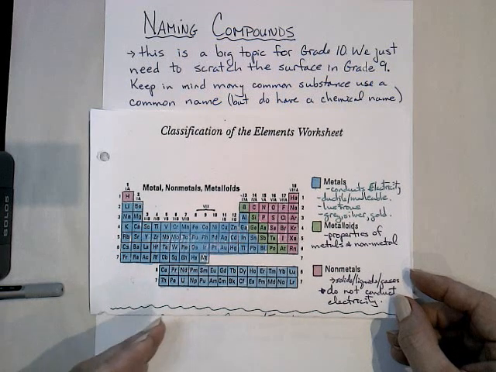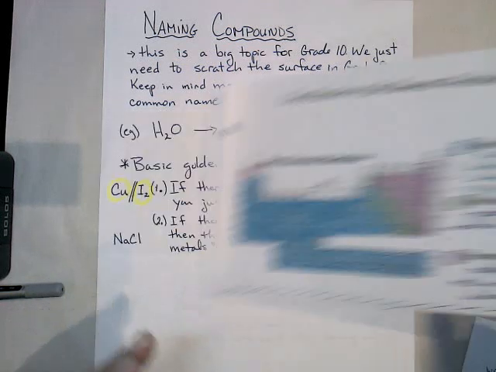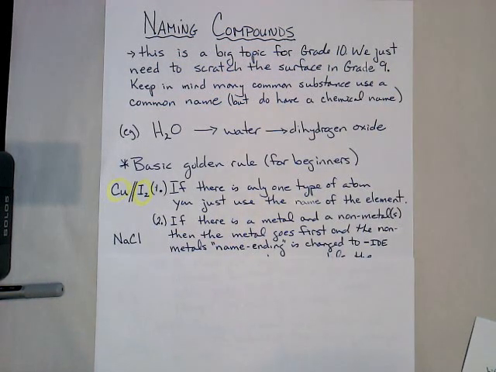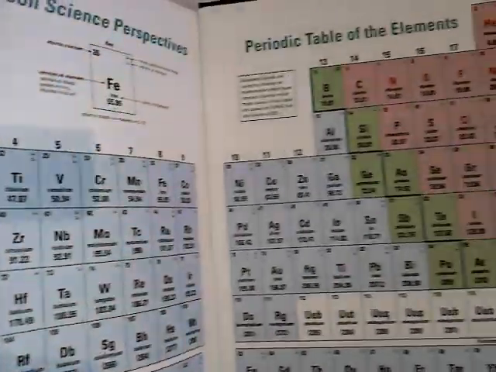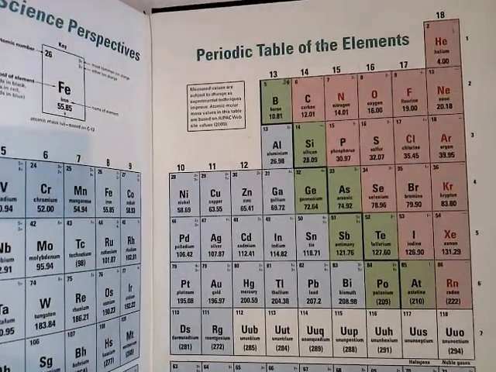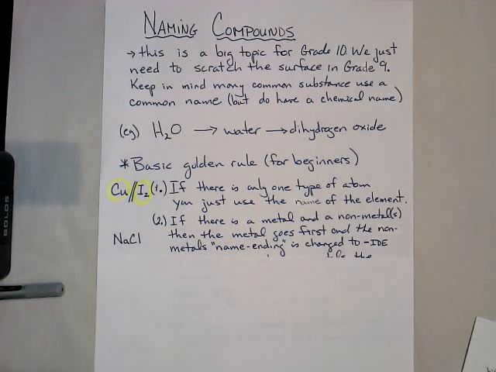I would expect for a lot of these you might have to look and check. I don't expect you to have that memorized. And I also want to remind you that that is the way the periodic table at the back of your textbook is set up. So that is an excellent place to look. So if you're ever doing questions like this for me, you would have a periodic table in front of you.